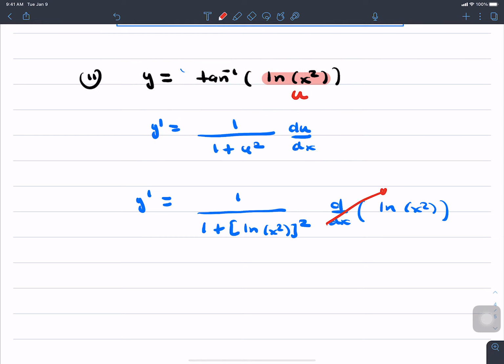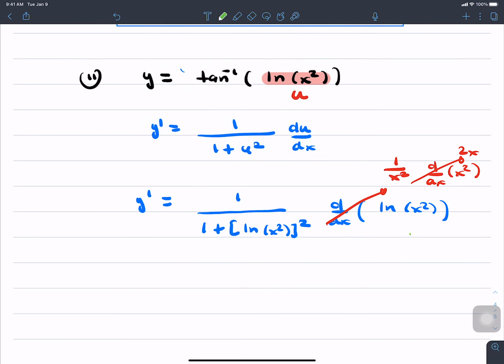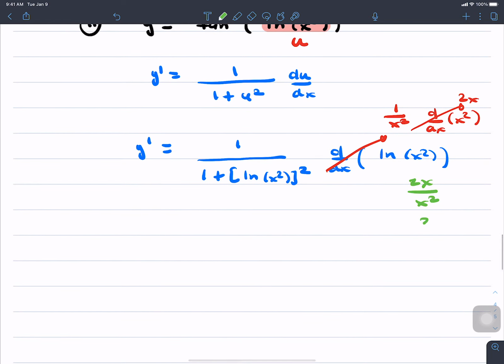So when we differentiate here, the derivative of natural log of x squared is 1 over x squared times the derivative of x squared. Don't forget, there's the chain portion for this derivative as well, for natural log. So altogether, let's put that in green. You get 2x over x squared, and that gives you 2 over x.